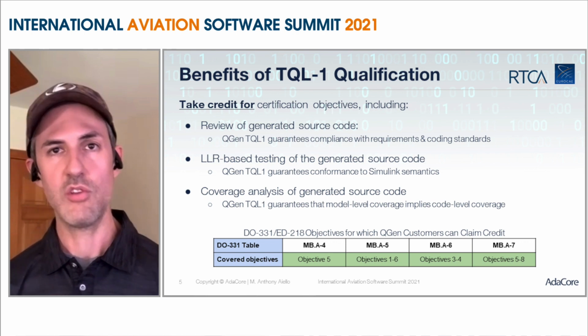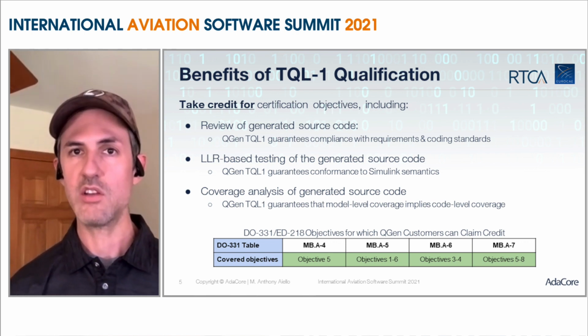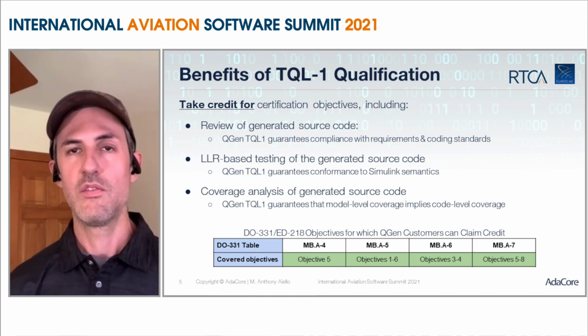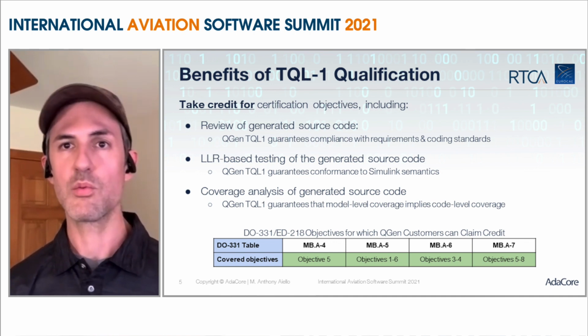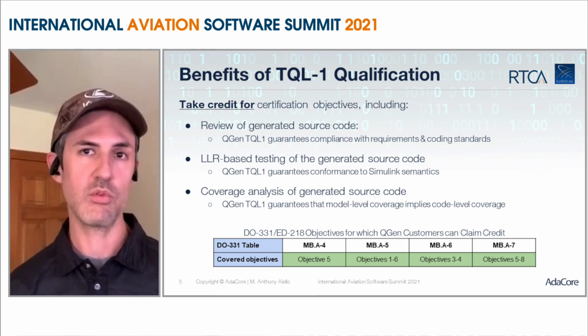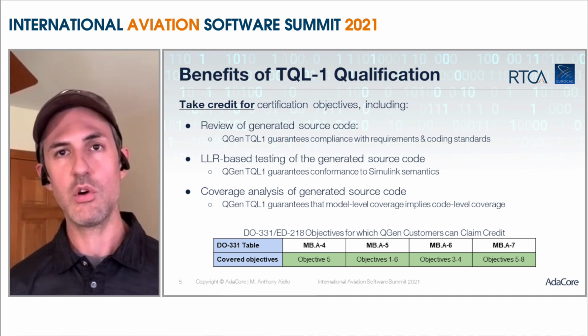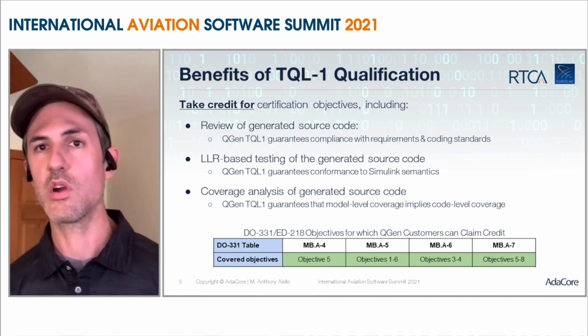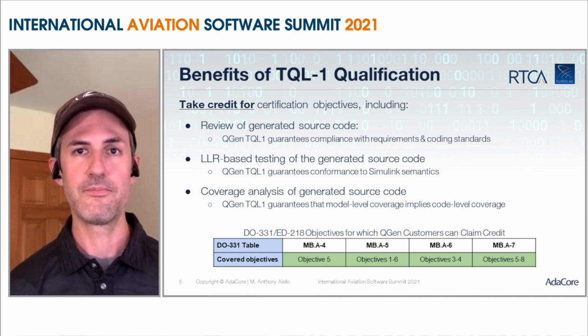objectives. So for QGen, we cover many objectives, and 3 of the most important are shown here. Applicants can take credit for reviewing the generated source code without actually conducting this review, because the TQL1 qualification of QGen guarantees compliance with the requirements and coding standards.